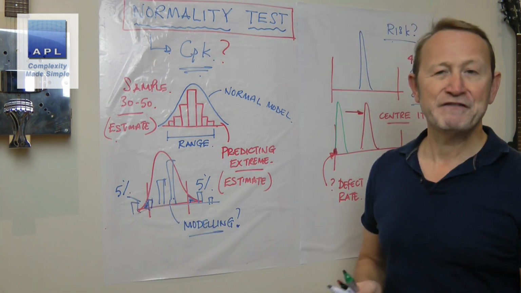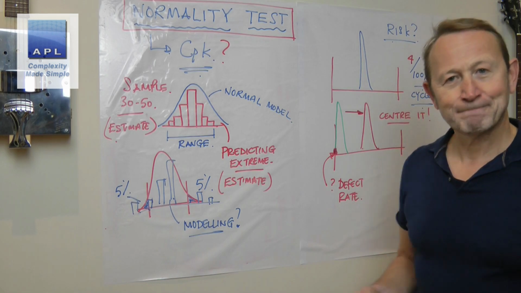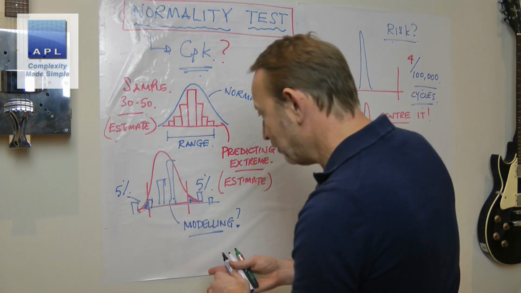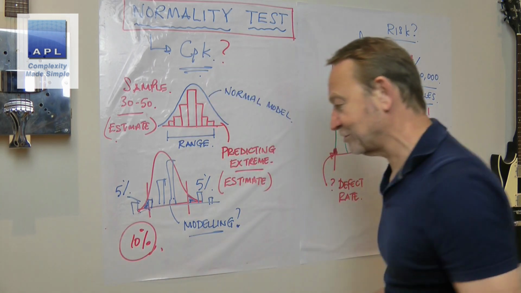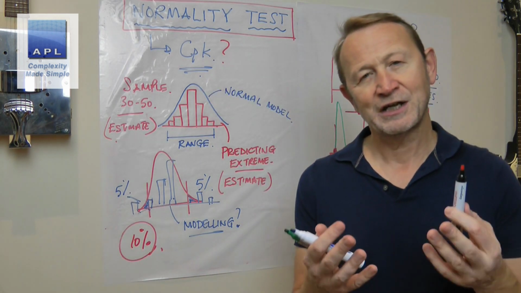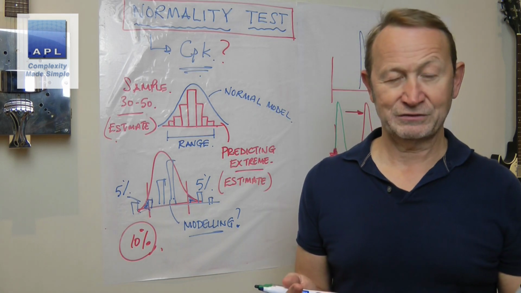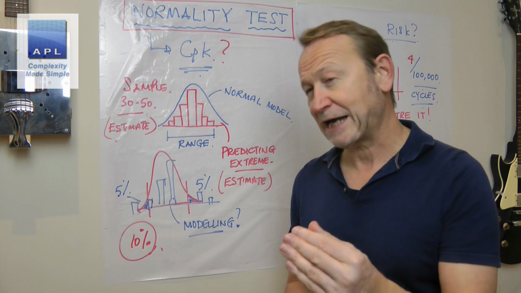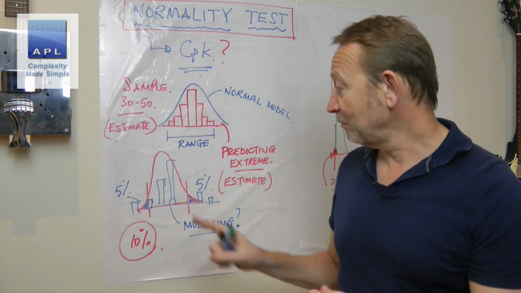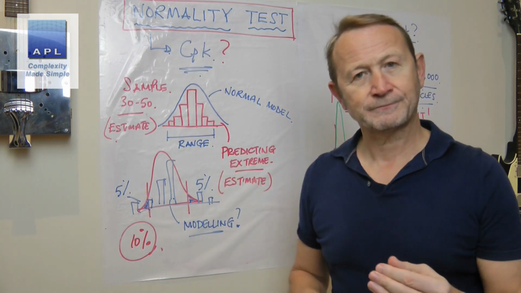Now the flipping defect rate's the issue. I'm going to say that I've got a 10% defect rate. I'm going to tell my bosses that the risk is that we've got a 10% defect rate. Can I rely on that result? Can I rely on that number? Will it be accurate? Probably not, because it's not normal.